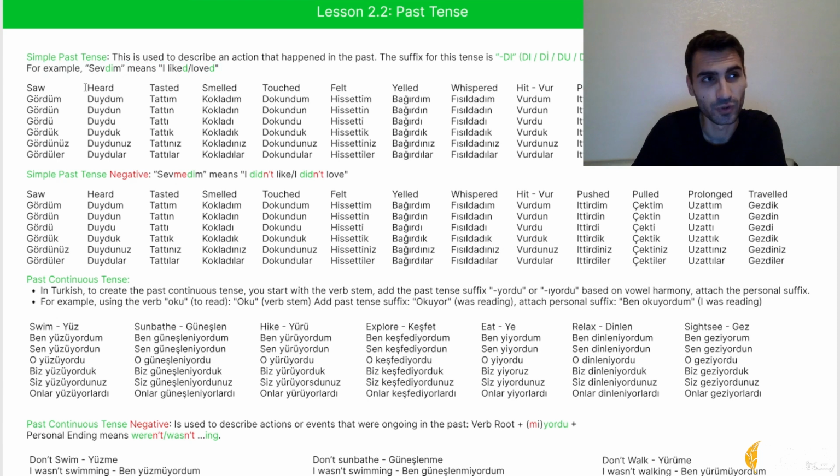So we use it more like than love, but we use it for love also. And an example, one of them I will tell you, some of them. So is gördüm. Okay, so ben gördüm. Sen gördün. O gördü. Biz gördük. Siz gördünüz. Onlar gördüler.